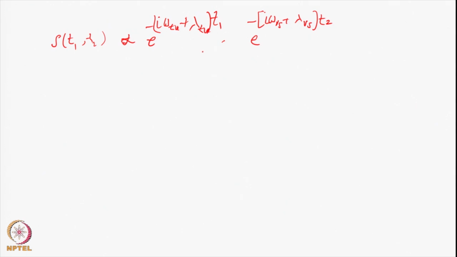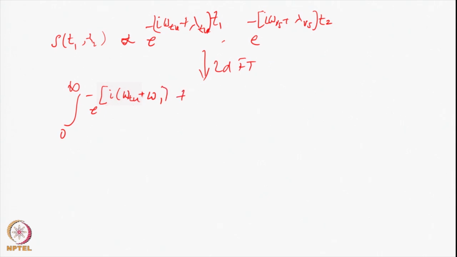Now, if we were to do a 2-dimensional Fourier transformation of this, what do we get? We have the integral from 0 to infinity of e to the minus i omega Tu plus omega 1 plus lambda Tu T1. Omega 1 is the Fourier transformation variable.